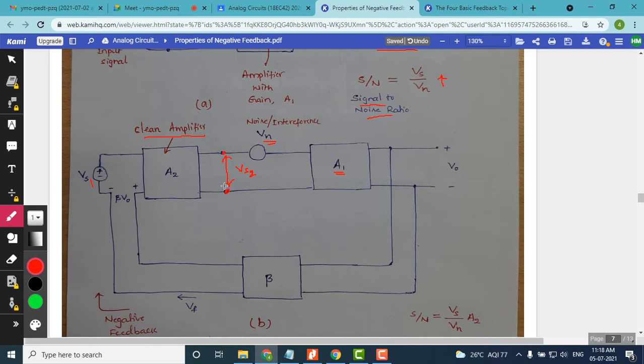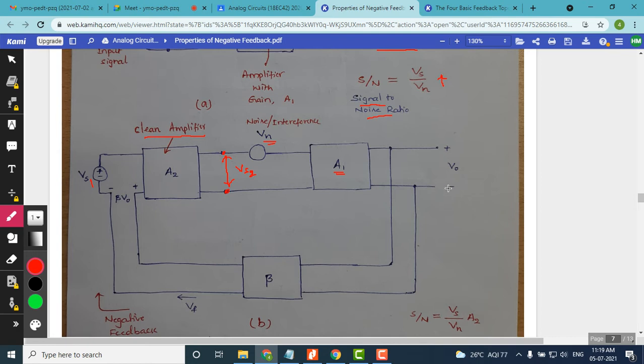This is the output of this clean amplifier. We assume that this amplifier is free from all sorts of noise, so there is no noise component getting added here. So, when this amplifier with noise is preceded by a clean amplifier, along with the feedback, this certainly improves the noise level here, and the overall noise becomes very small.